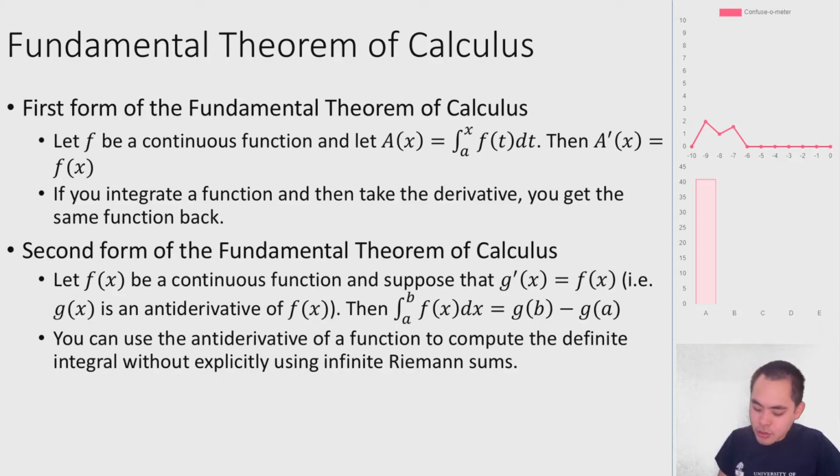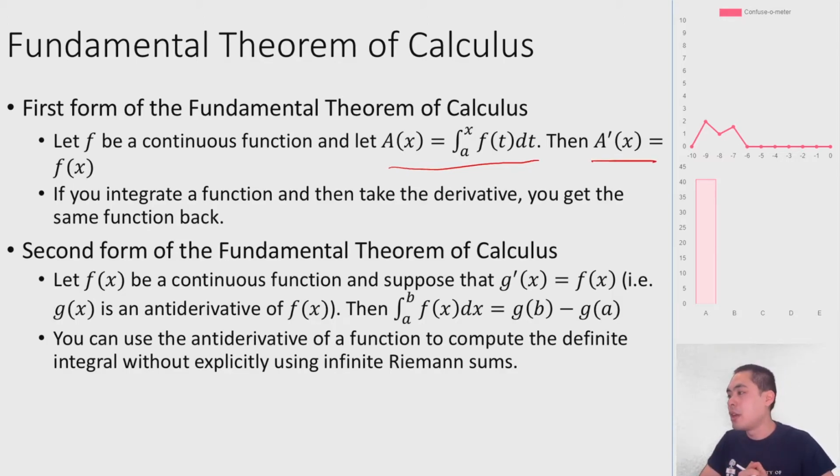That's fine. Okay, so basically what we're doing here is we're taking the integral and then we're taking the derivative. And when you take the integral and the derivative, they cancel each other out. You'll notice here that we took a definite integral and we had this bound here. We're taking the integral with respect to this variable t, but then the top bound was an x.